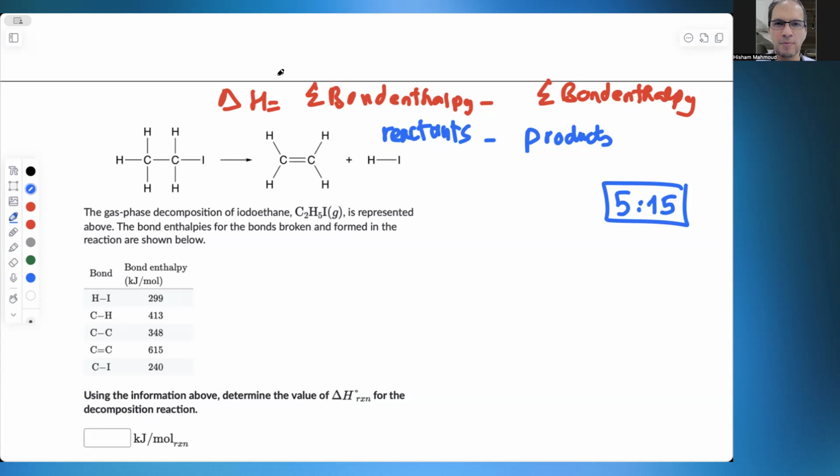Yasin, can you have a look? Just make sure that you are going bond by bond. You don't lose any bond. It's an easy question in the exam. Very easy. You should not lose any mark here.